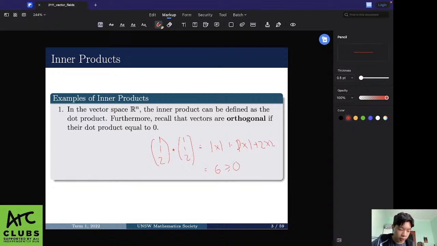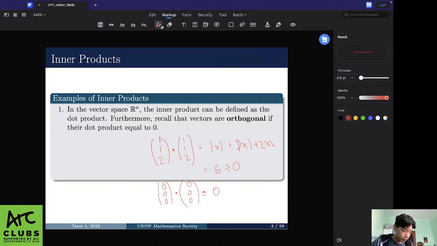And of course that's greater than or equal to 0, and we're dotting it by itself. And of course if we took itself and it was a 0 vector, then it would produce 0. So that's our second condition.